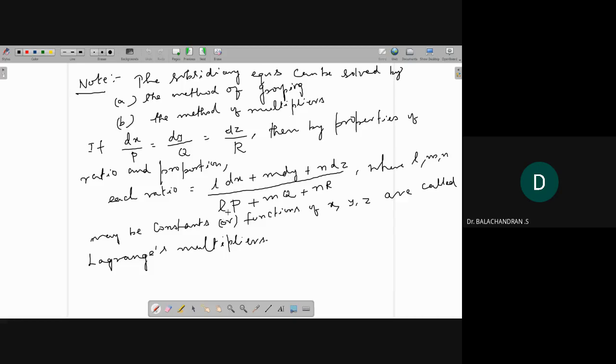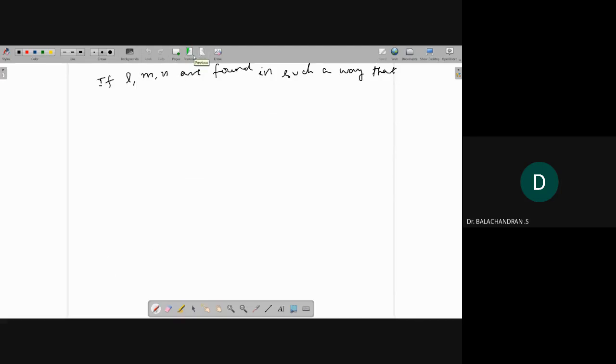So you should choose l, m, n in such a way that the denominator is equal to 0.